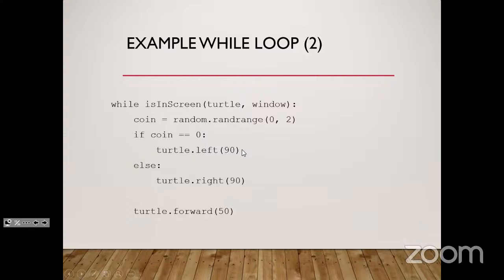So we're going to import turtle. Turtle knows that it has to draw itself in a screen. So there's some screen commands. It knows whether or not it's in a screen or not, or if it's touched the edges or if it ran off the edges. In my case, I usually name whatever screen I build window, just because we make a little window. So what this one does is while the turtle is inside of its window, this loop's going to keep going.